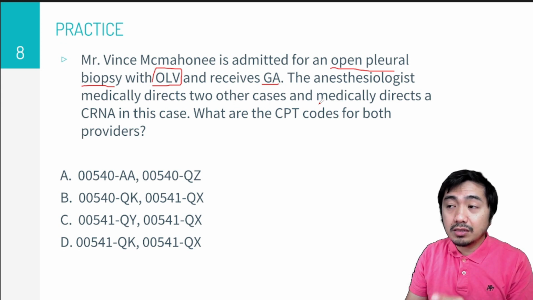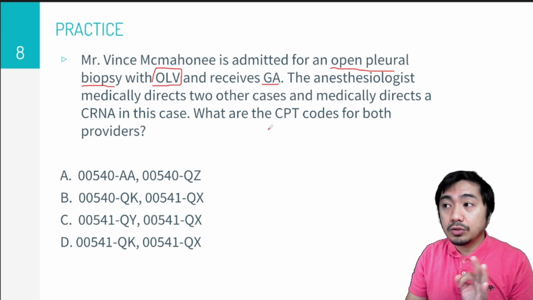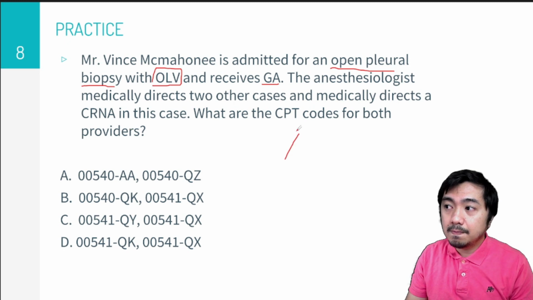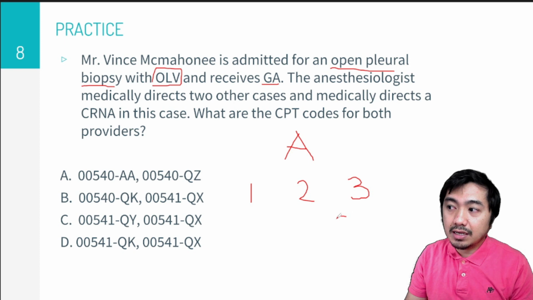Okay, the anesthesiologist medically directed two other cases. So let's put here case number 1, case number 2, and also medically directs a CRNA in this case. So let's put the CRNA on the third case here. All right.